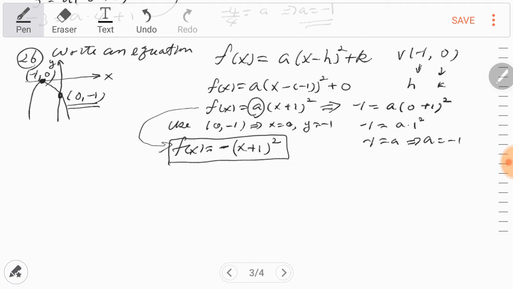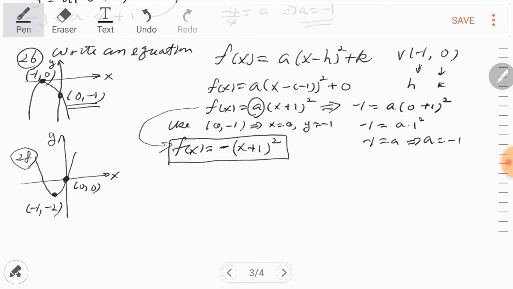Okay, let's try number 28. The method is exactly the same. So this is the x-axis, y-axis, and the vertex is -1 and -2.